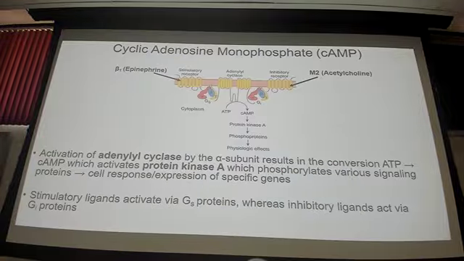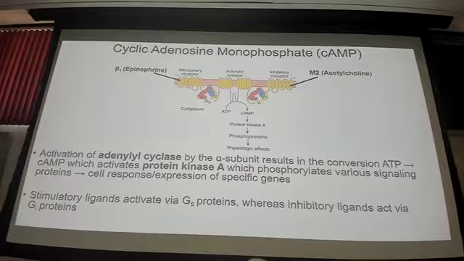Does anybody want to walk me through how the G sub S pathway works? No? So the ligand binds the stimulatory receptor, the alpha subunit dissociates from the beta gamma subunits, which then stimulates adenylyl cyclase, which converts ATP to cAMP, and that starts the protein kinase cascade.